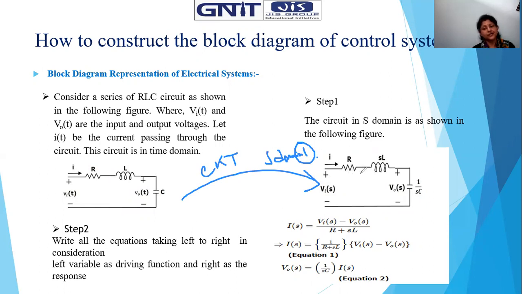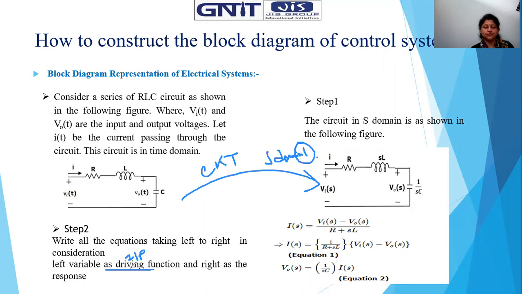Now how to get the relations? You have to consider all the driving variables, which functions will act as a driving function or input function. We are moving from the left towards the right, left meaning from the input towards the right output.